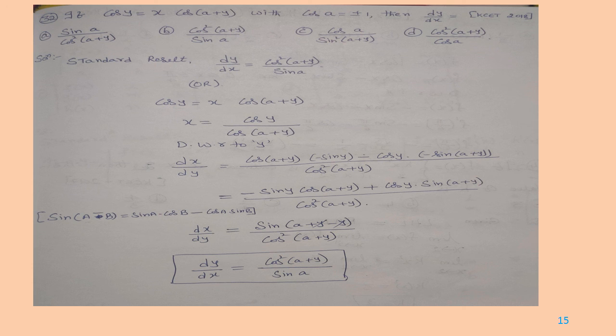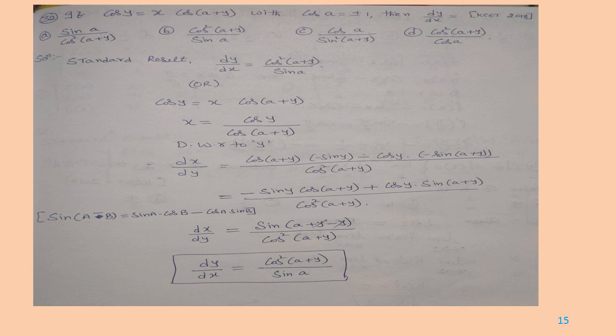Differentiating with respect to y, dx by dy equal to denominator square, denominator into differentiation of numerator minus numerator into differentiation of denominator. So we get cos square a plus y in the denominator, cos a plus y into differentiation of cos y which is minus sin y, minus cos y into differentiation of denominator which will become minus sin a plus y. So now the numerator is in the form of sin a minus b.